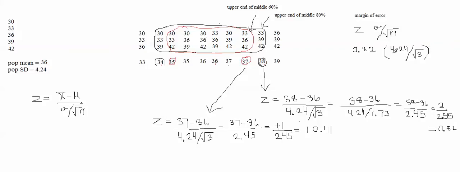Now, notice how this is just the bottom of the z-score formula. This was our 80% confidence coefficient from down here. We plugged it in here. But this is just the bottom of the z-score. So we know that that equals 2.45. It's 0.82. We know that all of this is 2.45.